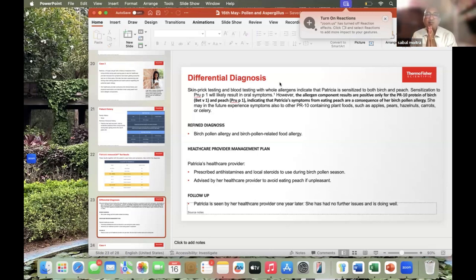But remember one thing very clearly: whatever test we do in our labs, it has to be compared with a standard curve. So there is a standardization and a standard curve with which it is being done. When we are using this nanotechnology in the multiplex, we usually resort to the standard curve, which is given by the total IgE or the whole allergen IgE.